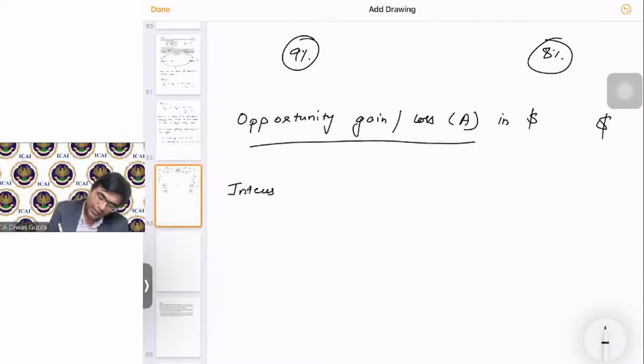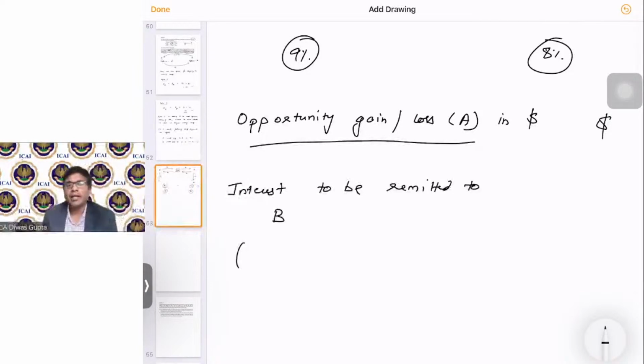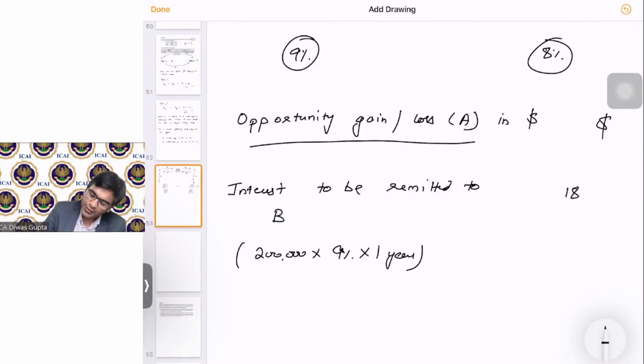So the first part is interest to be remitted to B. Interest would be remitted to B at the rate of 9% on $2 lakh, 9% for 1 year. Correct? This comes to $18,000. Simple.